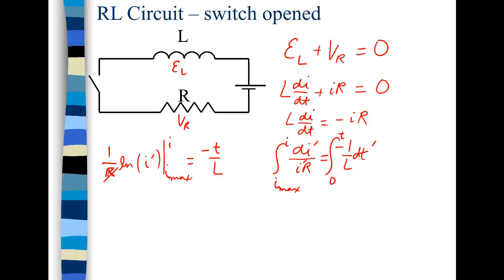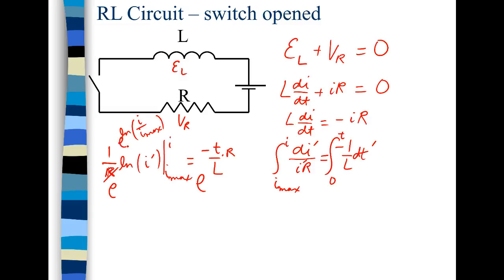So we take the exponential after we evaluate. That would be natural log of I over I max.